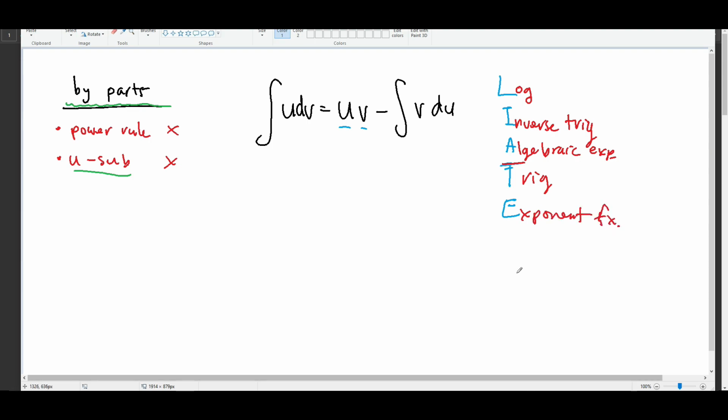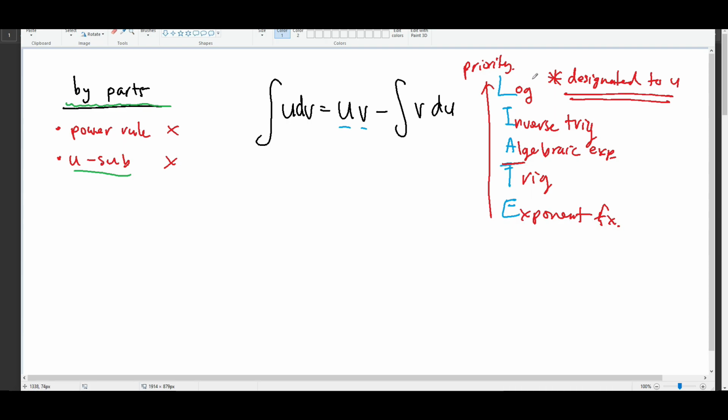So the highest priority is up top here. We'll talk about what that means. The highest prioritized function is going to be designated to u. So that's what this is going to determine.